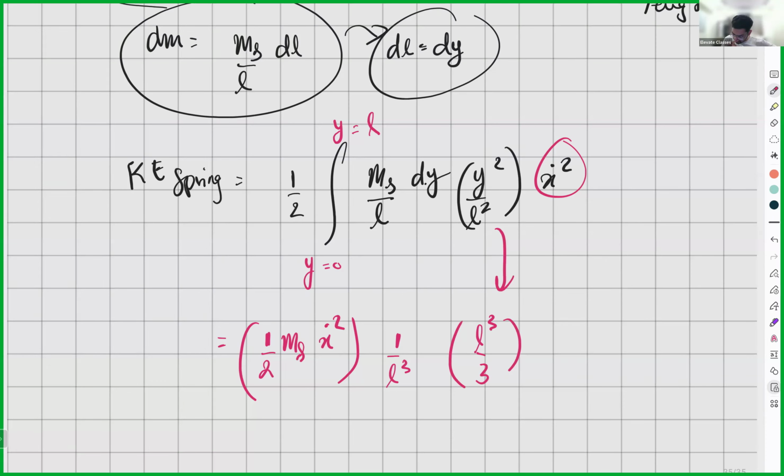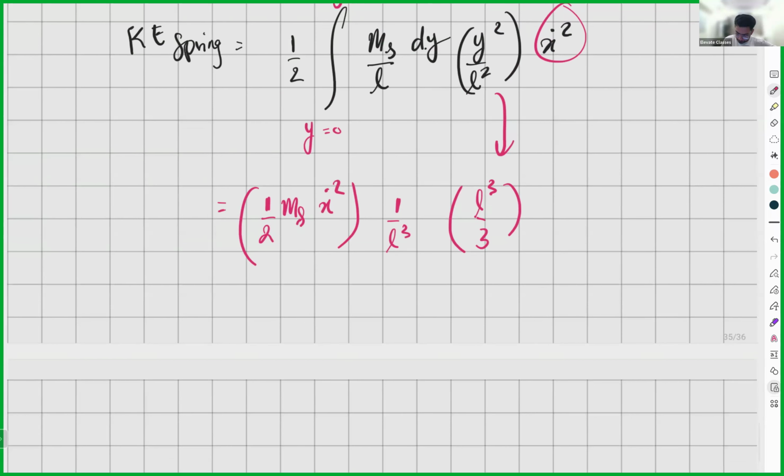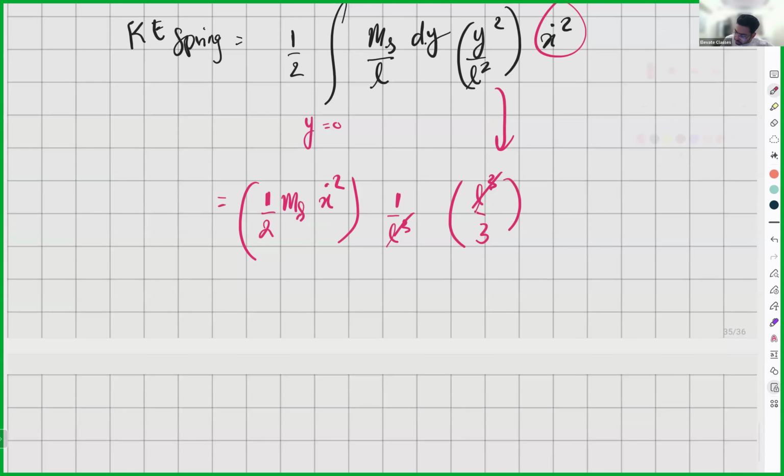The L cube gets cancelled, and the kinetic energy of the spring comes out to be half ms by 3 x dot square.